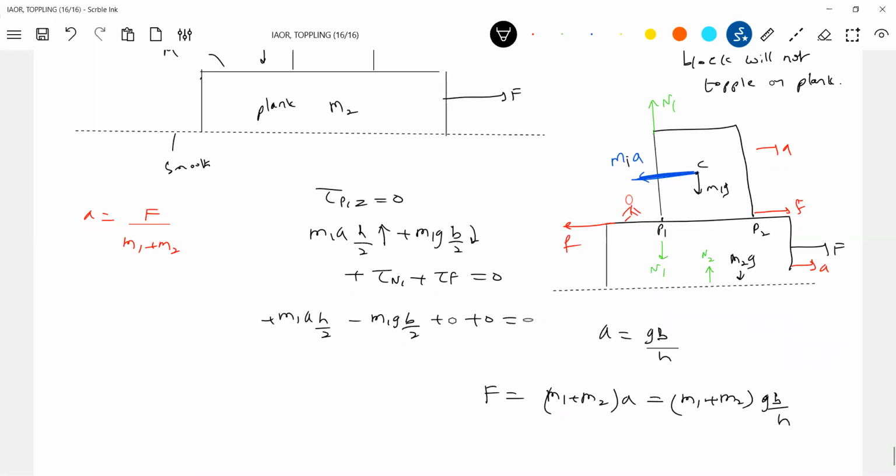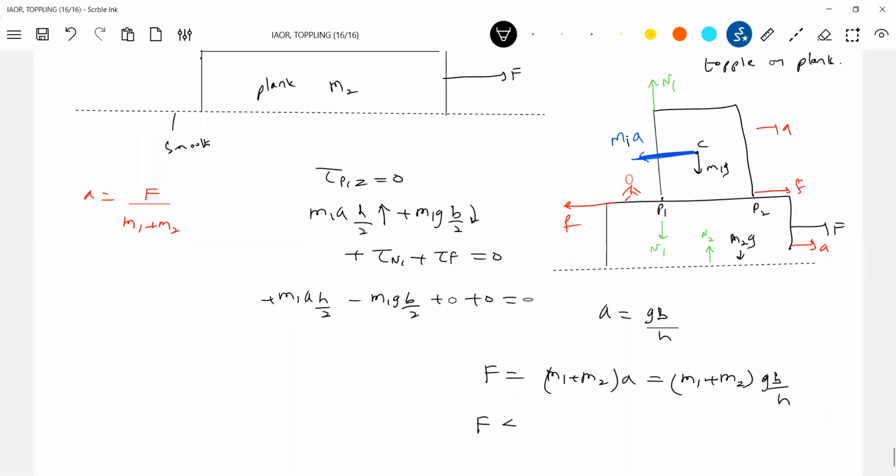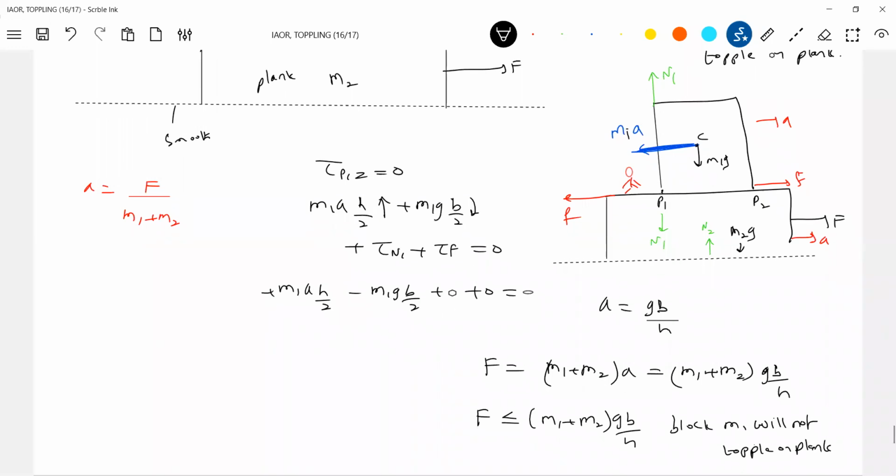We have also another thing, no? What is the maximum force for no slipping? Shall we put a condition like this? F less than or equal to m1 plus m2 gB by H, so that block M1 will not topple on the plank of mass M2.